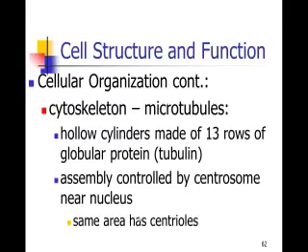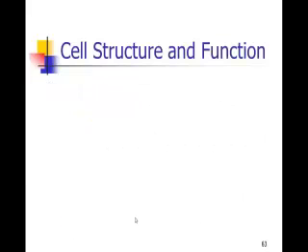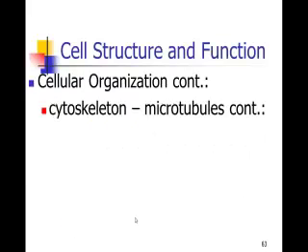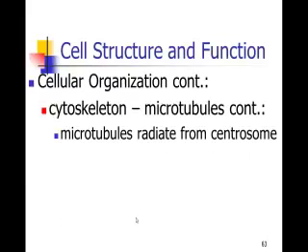The centrioles become apparent when cells undergo mitosis. The microtubules radiate outward from a centrosome. Maybe a good example would be some sea urchins that have things radiating out from their bodies, and these would sort of be like centrosomes.